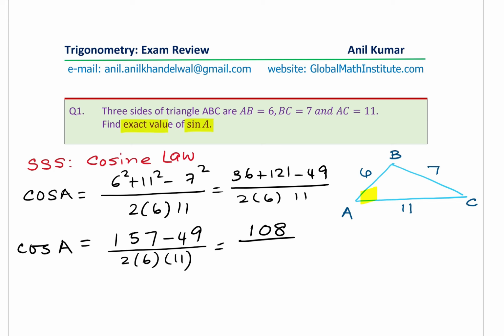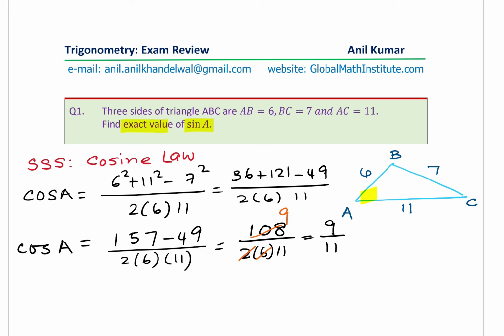So 108 over 2 times 6 times 11. Now 108 is a multiple of 12, which is 2 times 6, so that goes 9 times. So we could write this as 9 over 11. So we get the value of cos A.